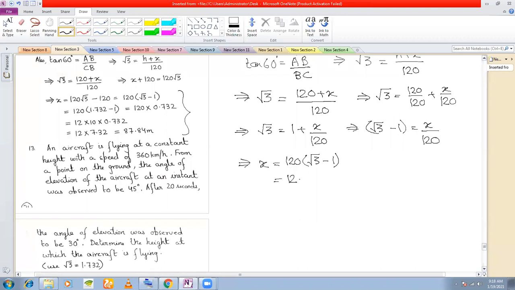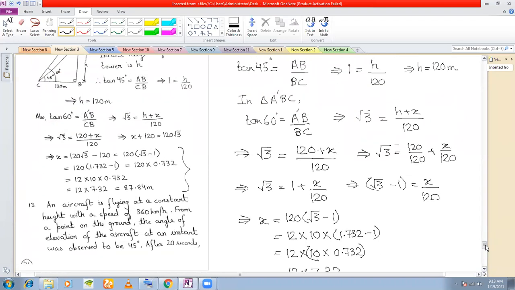Let's break 120 as 12 into 10 and put the value of root 3 as 1.732. So what you get here is 12 into 10 into 0.732. Because you're multiplying by 10, you can shift one decimal place. So we will keep the height in decimals only.